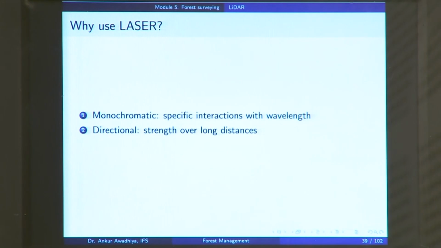Because of two reasons. One, it is monochromatic, and so you can note down specific interactions with different wavelengths. So, for instance, if you have an object that is red in color, in that case if you use a red colored laser, then all the light will come back. If you are using a green laser, then the light will get absorbed. So, just by using different wavelengths, you can understand the color of the object.